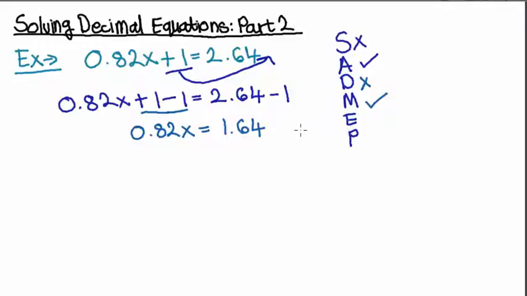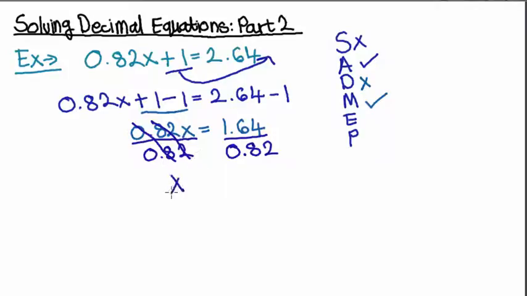So, in order to get rid of 0.82 as the coefficient of the variable x, I need to divide both sides of this equation by the number 0.82. Now, when I do 0.82x divided by 0.82, these two 0.82's will cancel each other out to give me a 1 as the coefficient of the variable x.